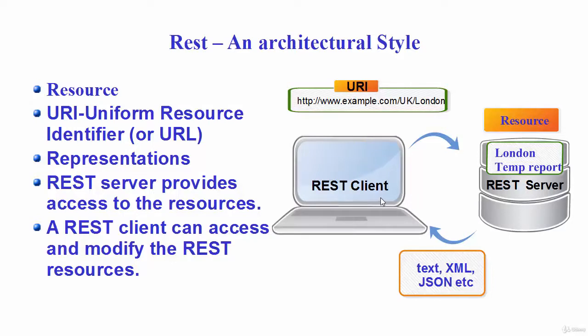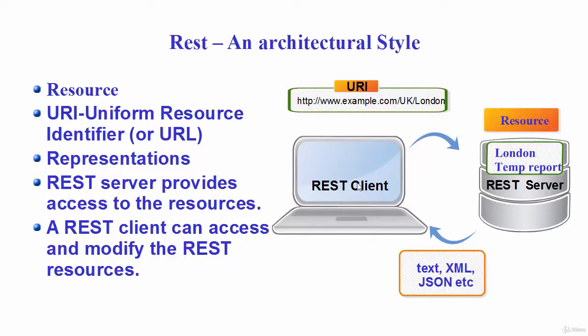And REST allows the resource to have different representations. It can send an XML representation of the result, or a JSON representation of the result, or in most cases it can also send HTML as a representation.